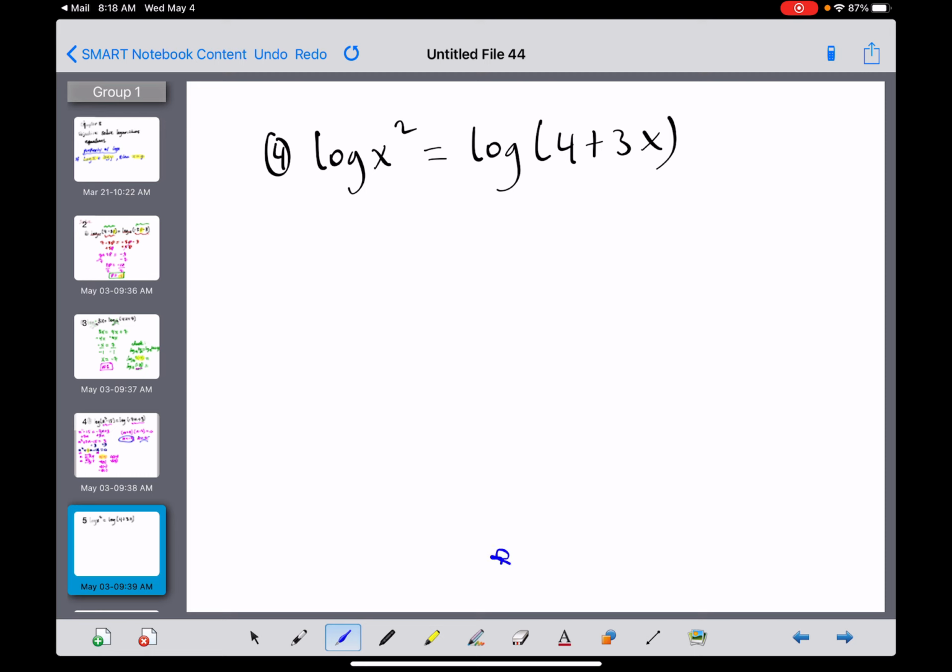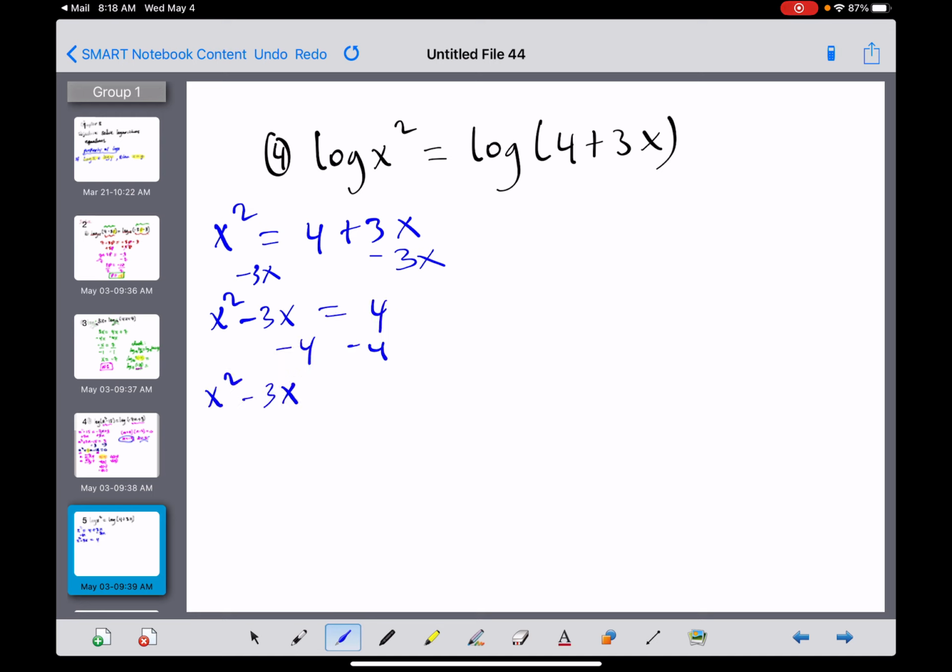Same thing, we're going to cross off the logs and copy down x squared equals 4 plus 3x. Move everything to the left hand side. So x squared minus 3x equal to 4. And then subtract 4. Okay, let's factor. When we factor, we look at the first term and last term again, x and x.